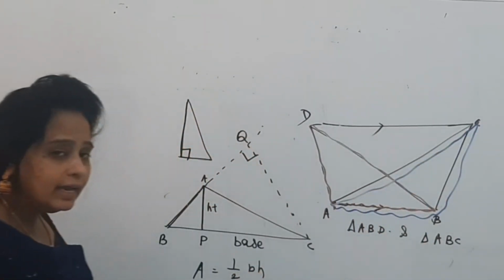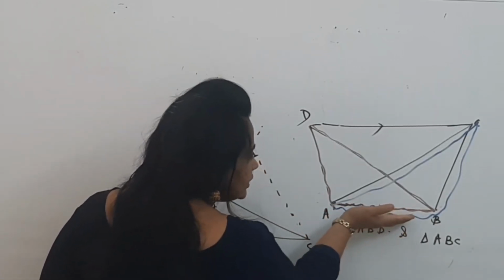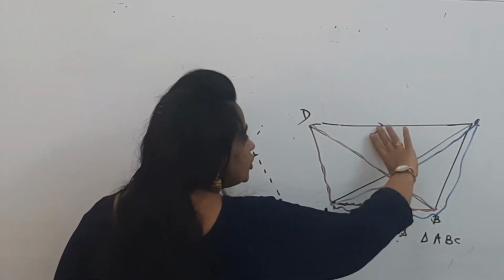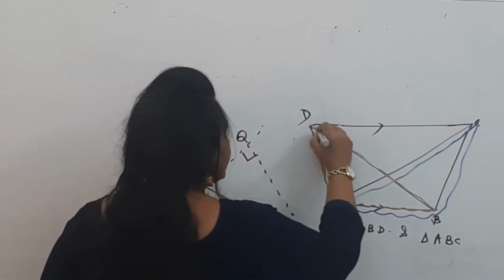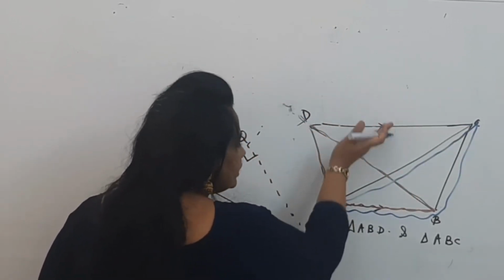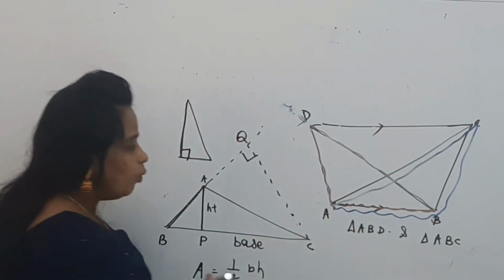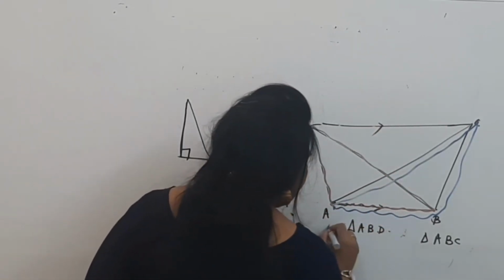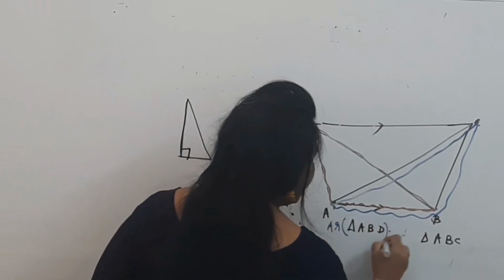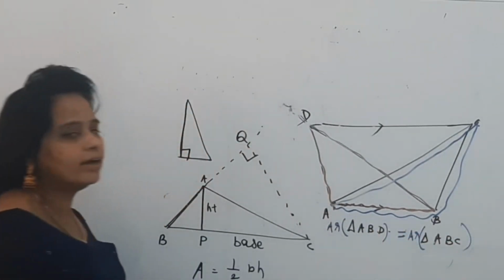So they lie on the same base, but between the same parallels. They are not extended like this. They are between the same parallels. Then what can we say? The area of triangle ABD is equal to the area of triangle ABC.